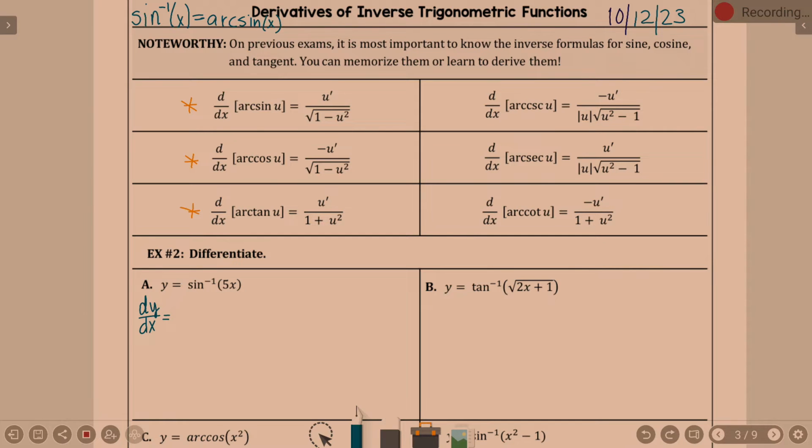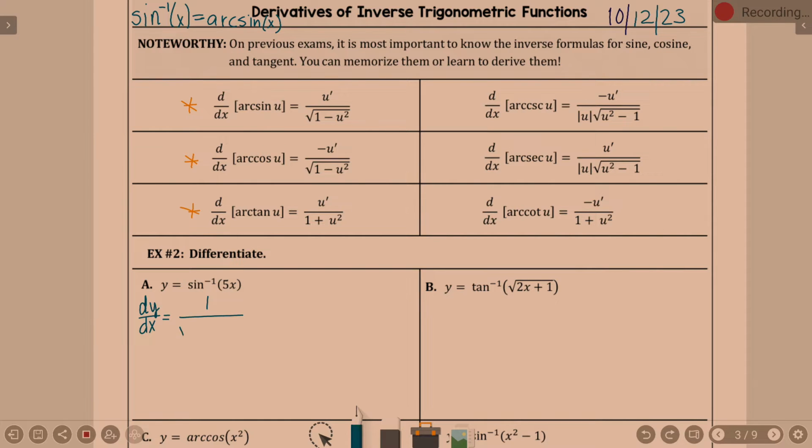The derivative of sine inverse of something. Okay, well, what is the derivative of sine inverse of something? We're looking right here. So we're going to have a fraction. For beginning's sake, I'm just going to put a 1 on top. If you want to get fancier than that, we can. We'll worry about the u prime here in a moment.